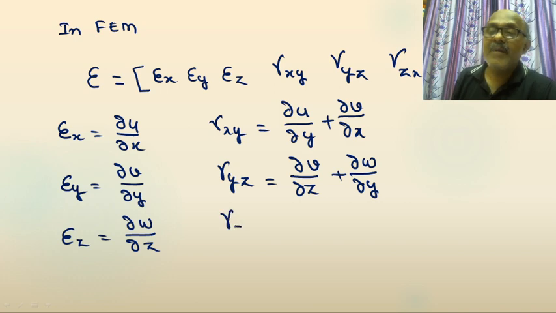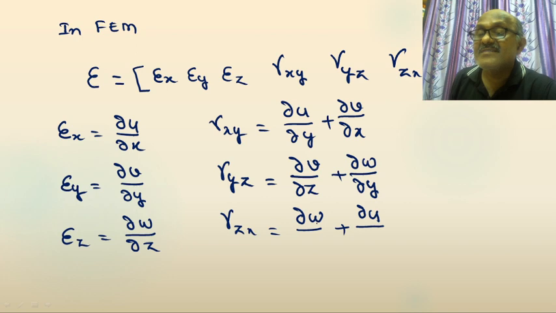Now gamma zx is equal to, z direction displacement is ∂w, x direction displacement is ∂u. Write down like this, put plus in between. This displacement is in the z direction, write ∂z here. This displacement is in the x direction, write ∂x here.